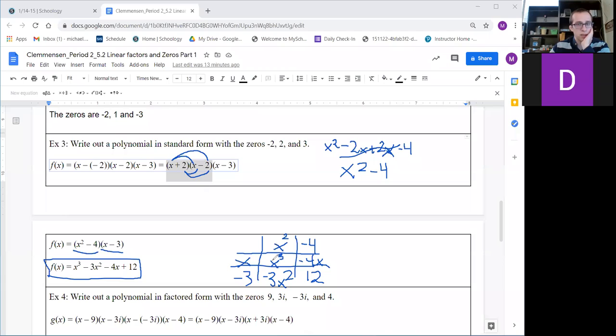So x squared times x gives me x cubed. X squared times -3 gives me -3x squared. -4 times x, -4x. And then -4 times -3 gives me that 12. Then I just add everything together. Right.